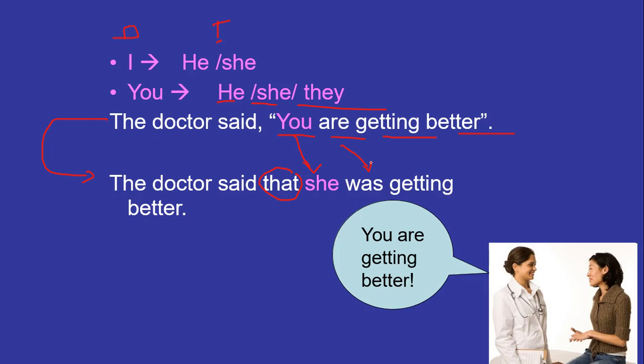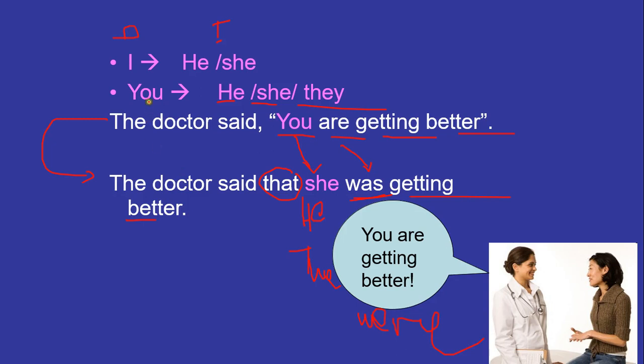You can also say "he was getting better." But if you want to use "they," you have to change "was" to "were getting better." That's number one.